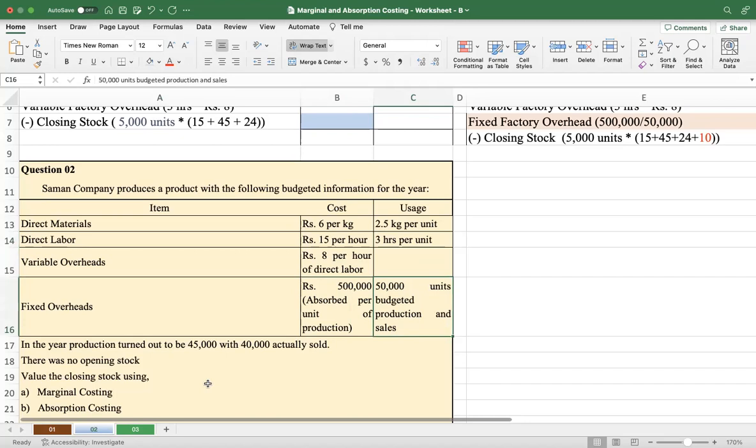Right? In the year, production turned out to be 45,000 with 40,000 actually sold. Now remember, although they budgeted for 50,000, they have only produced 45,000 units, out of which they have sold 40,000 units.